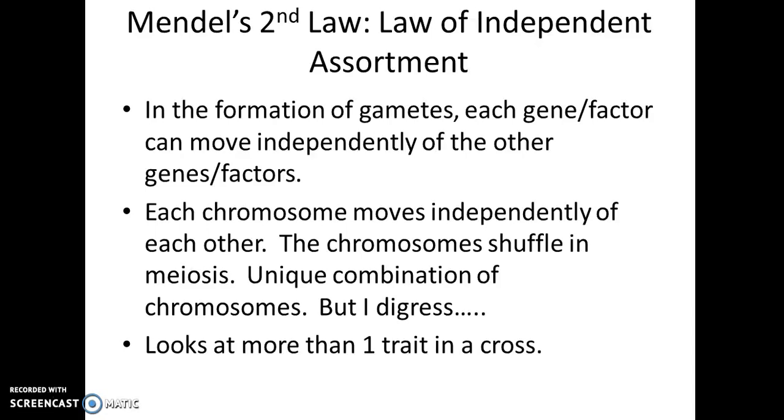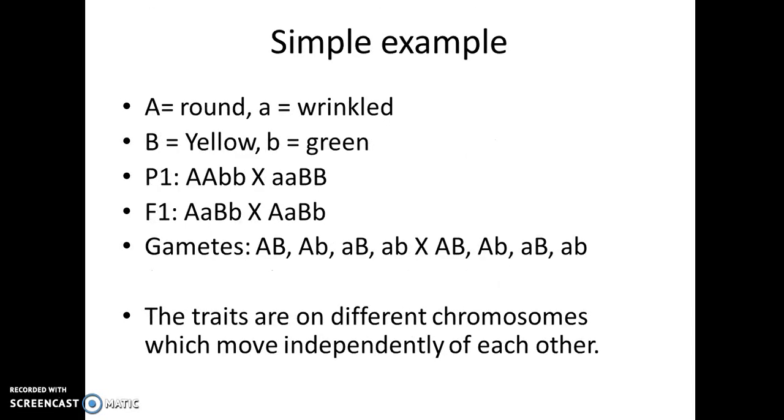But we digress. So we're looking at more than one trait in each cross. So instead of just saying A's, which is really easy, now we're including A's and B's. So different traits, maybe seed color and seed form. So we're going to take a look at round, which is seed form, and wrinkled peas, and yellow and green peas, which are color.